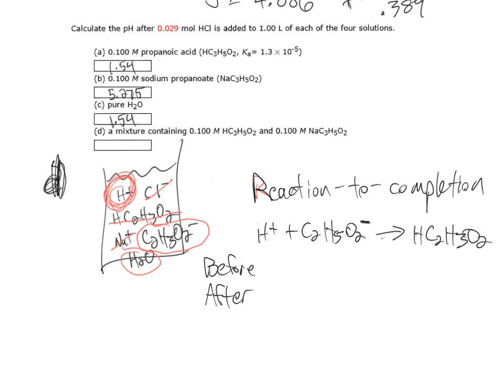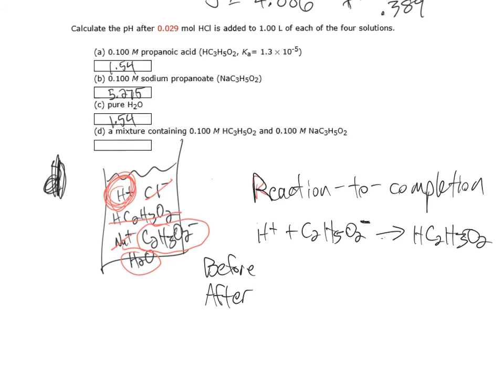So we'll actually be adding to its concentration as we keep track of it. Before and after or reaction to completion tables are kept track of in units of moles rather than molarity, as we did with ice tables.